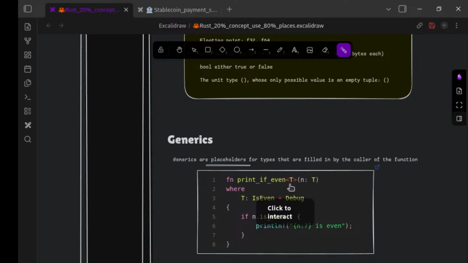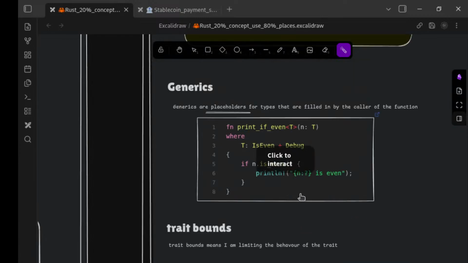So how do we write generics? We use angle brackets, inside that we write the generics, we explicitly say the types, and then we use it in the function or anywhere we want.